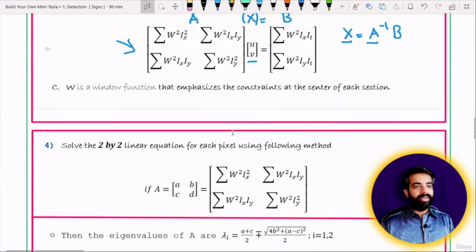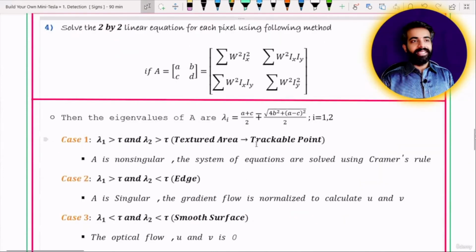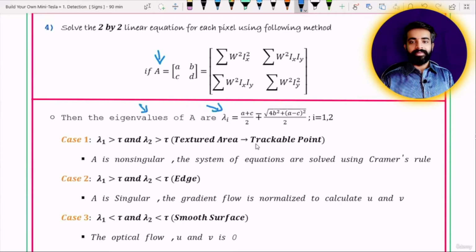And to check the invertibility of a matrix, say that this is an A matrix, which is of the form a, b, c, d. We compute its eigenvalues using this formula. And once we have computed these eigenvalues, we can have three cases. The first is that both of these eigenvalues are greater than the threshold provided by the user, which represents a textured area, so a pixel that can be tracked, which means that A is non-singular, that is, the matrix is invertible, and we can compute the u and v values by solving using Cramer's rule.